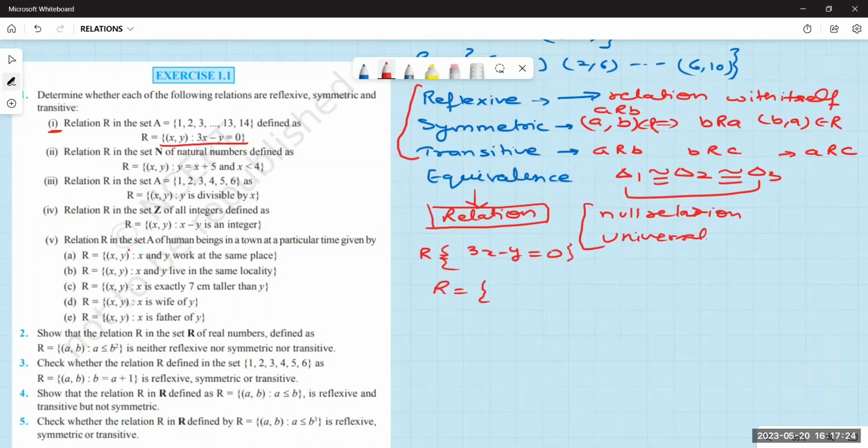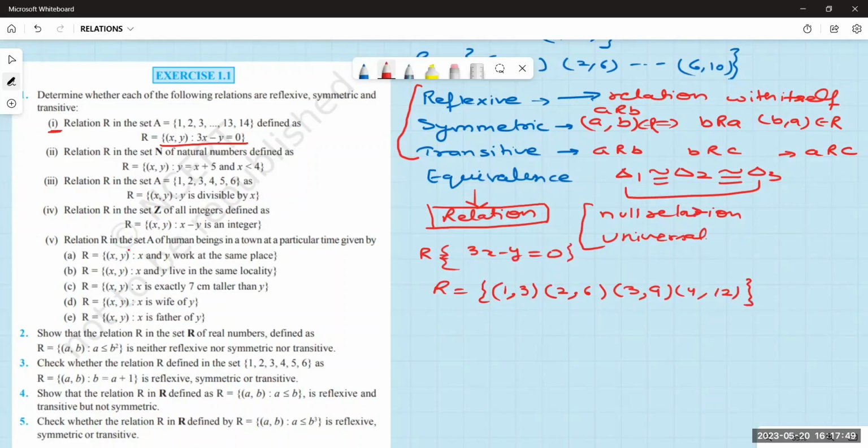If I take x as 1, what should be y? 3. Right, very good. If I take 2, 6. Very good. If I take 3, 9. Yes, 4 and 12. After that, I can't establish, right?